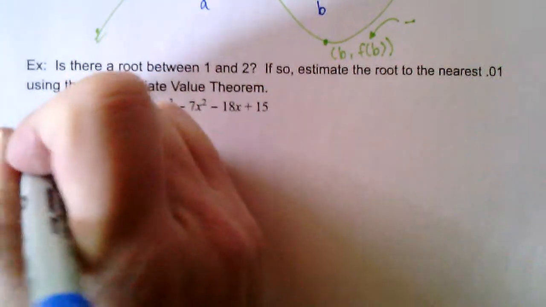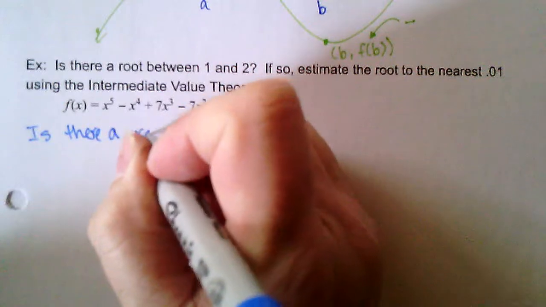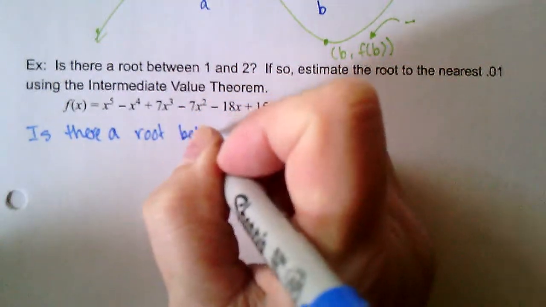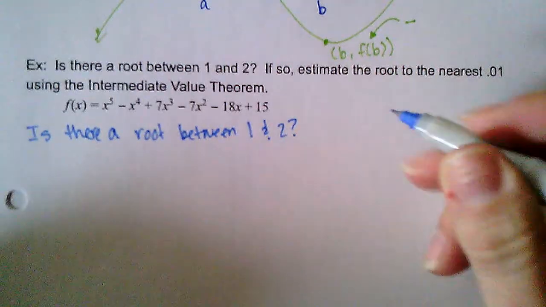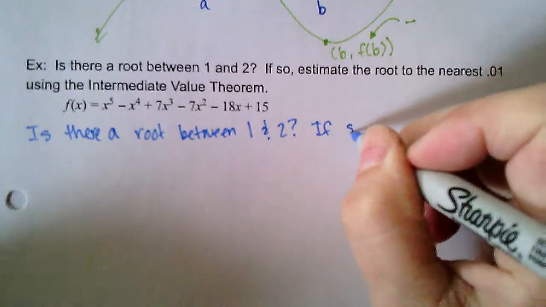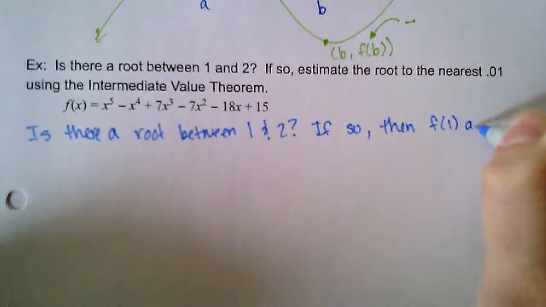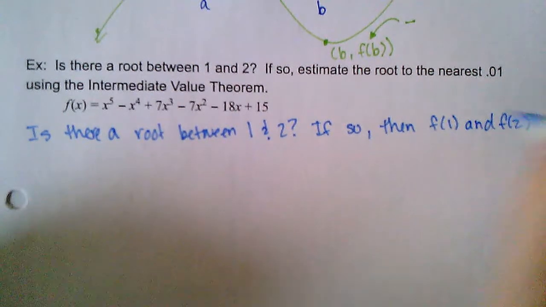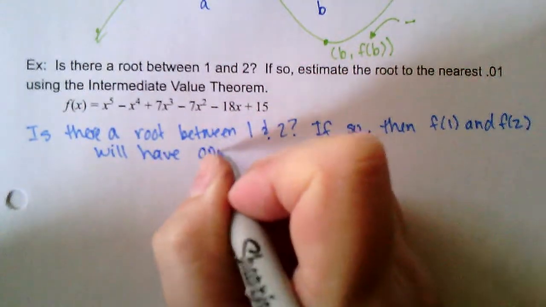So how do we know if there is a root between 1 and 2? If so, then f of 1 and f of 2 will have opposite signs.